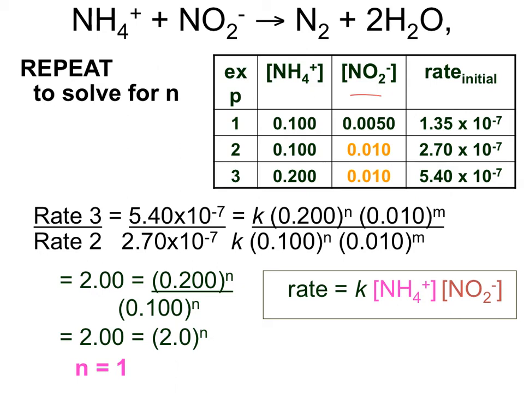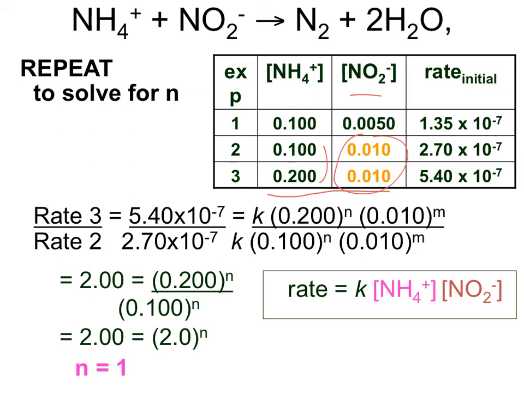We already know that M is equal to 1, so we really don't want to worry about that. So we look at our data set. Notice that our NO2s here have constant concentrations, and we have variable concentrations here. So that'll allow us to find the appropriate exponent.